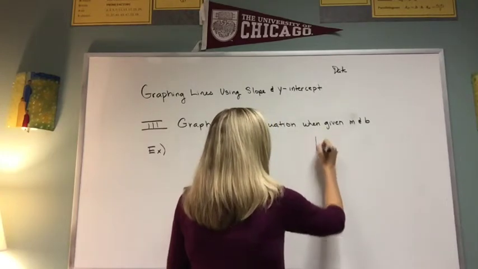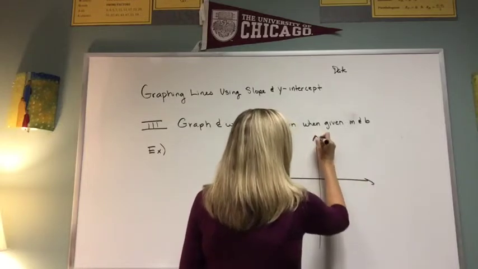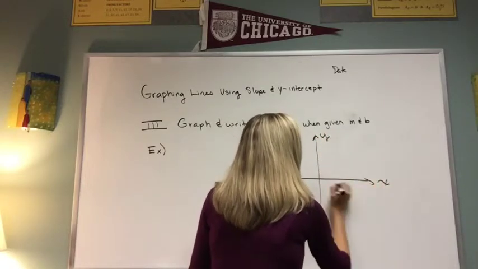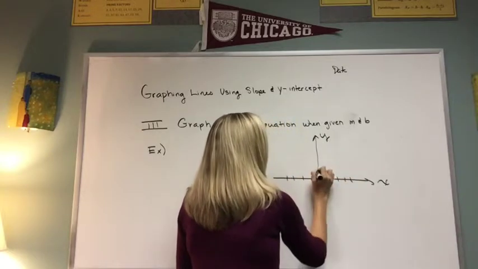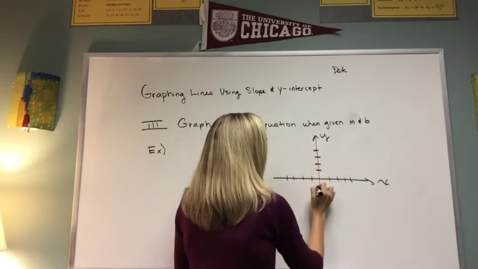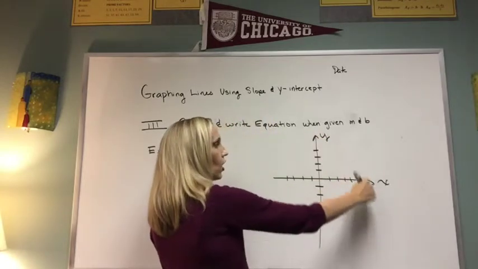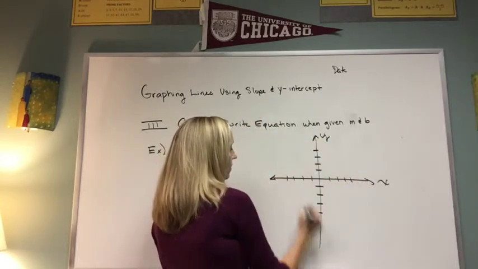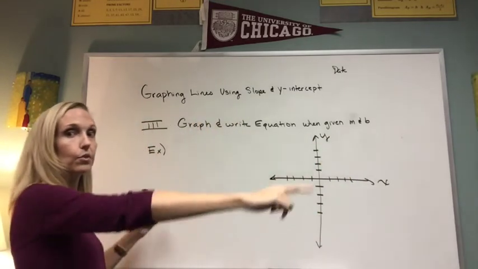Let's now graph a negative slope. Again, always use graph paper. Always label your axes with x and y, and you need to have arrows at least on one of them. We'll put them on 4, but I at least need 2 arrows because the coordinate plane goes on forever.